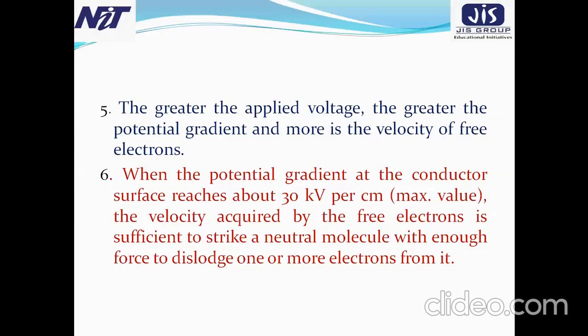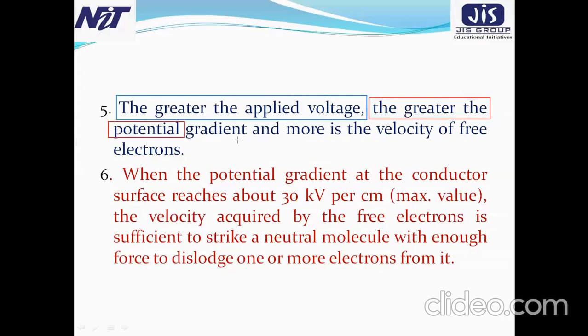The greater the applied voltage, the greater the potential gradient, and the more is the velocity of free electrons. Try to understand this: if the applied voltage is very high, then the potential gradient, the value of G, will be greater.